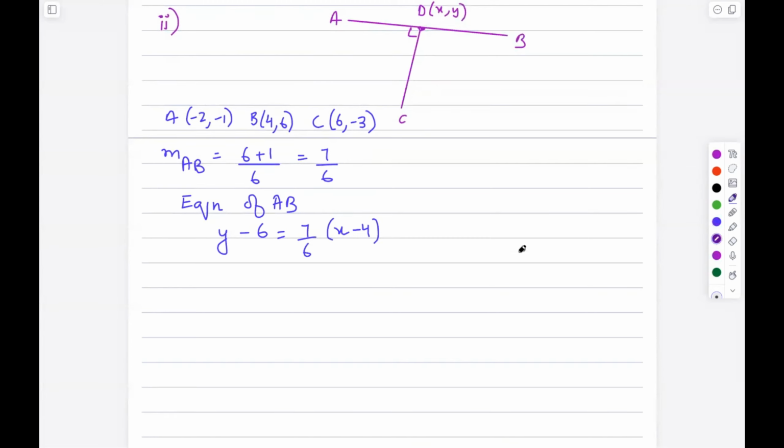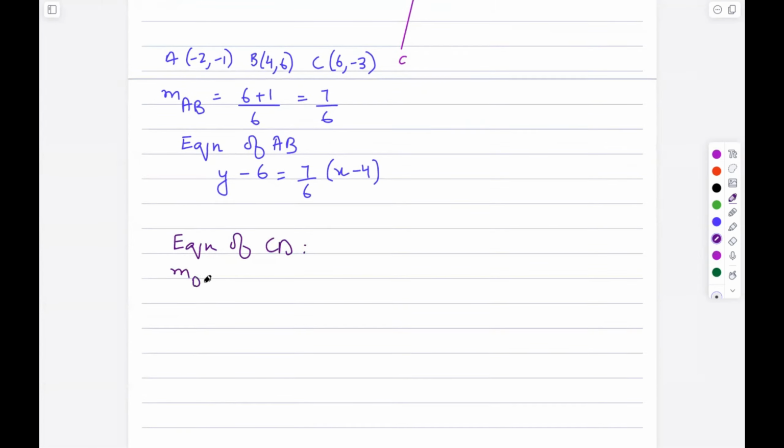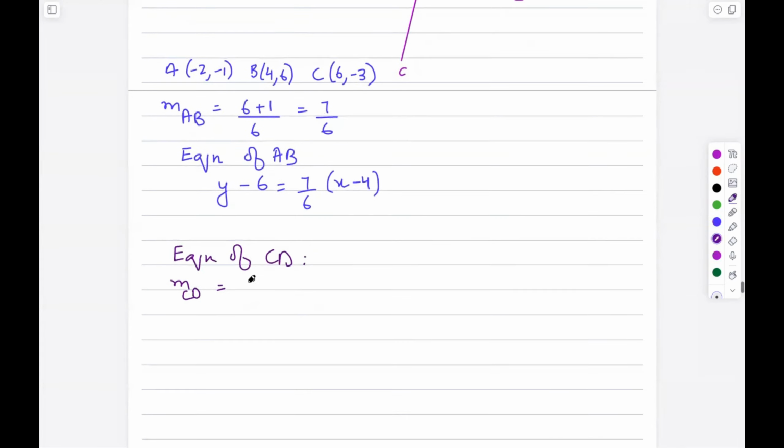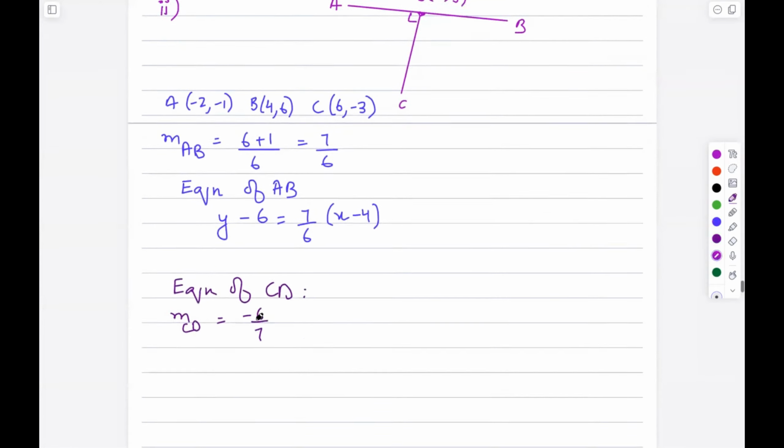Now, once we have the equation of AB, to find the equation of CD, we need the gradient. The gradient of CD will be the negative reciprocal of the gradient of AB as the lines are perpendicular. So the gradient will become minus 6 upon 7. We know that the point C is (6, -3).